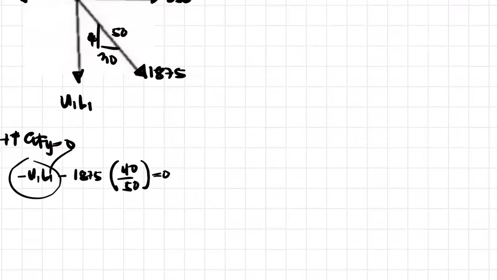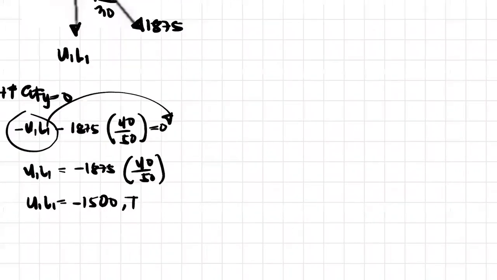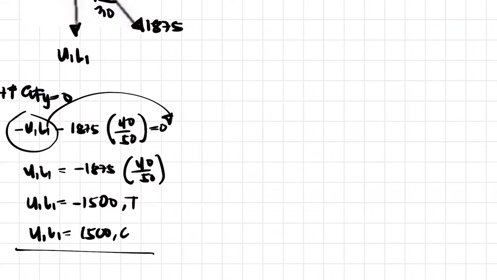So, lipat lang natin yung ating unknowns. So, that is U1 L1 is negative 1875 40 over 50. U1 L1 is 1.5. Okay, negative 1.5 tension or U1 L1 is 1.5 compression. Okay.